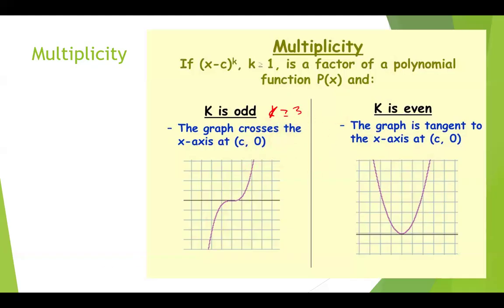When you have 1, so 1 is an odd number, but when you have 1, that's just our regular crossing, versus 3, 5, 7, whatever. When K equals 1, it just crosses. It's just a regular little crossing. Again, I call this a drive-by. In my mind, that's what I've been calling it since 10th grade.